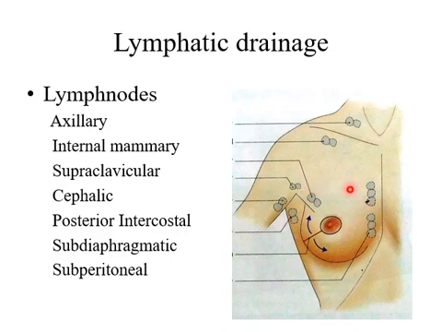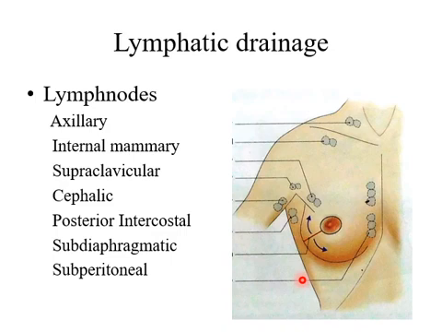Then internal mammary lymph nodes are present along with the internal mammary vessels. The supraclavicular lymph nodes are present above the clavicle. Cephalic lymph nodes are present along with the cephalic vein. Then the posterior intercostal lymph nodes are present along with the posterior intercostal vessels.